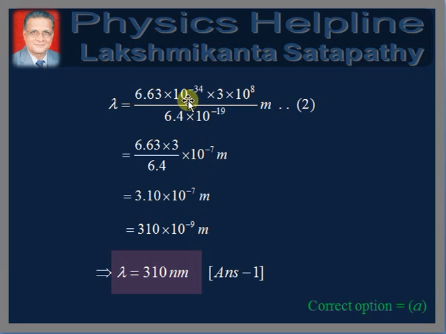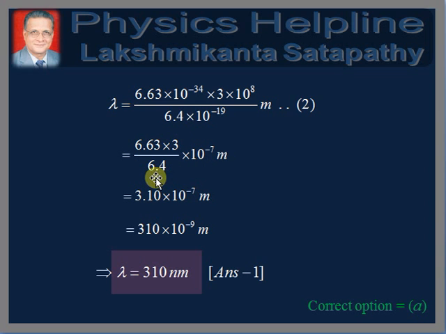Now we'll assemble the powers of 10 separately. Therefore we get 6.63 multiplied by 3 divided by 6.4 into 10 to the power minus 34 into 10 to the power 8 divided by 10 to the power minus 19 simplifies to 10 to the power minus 7 meters.